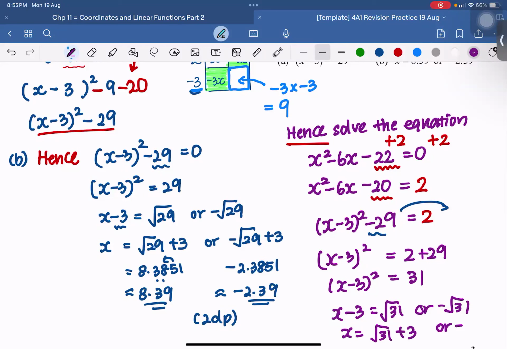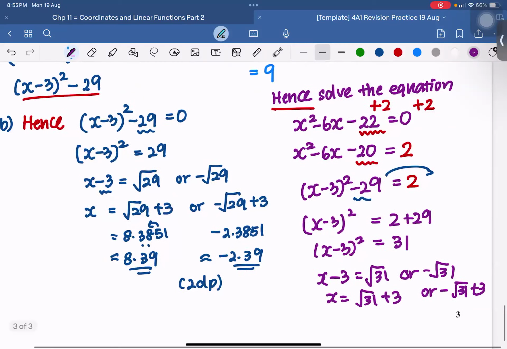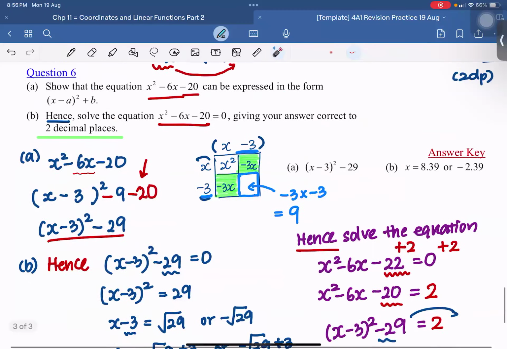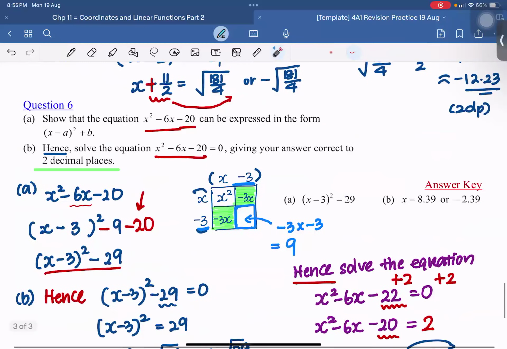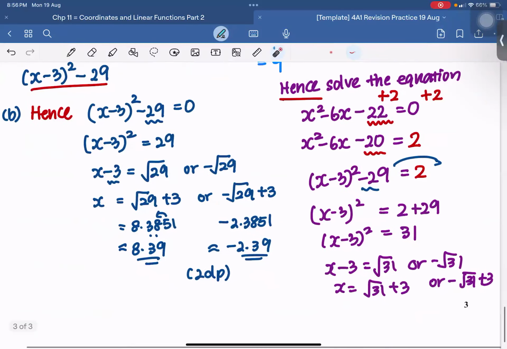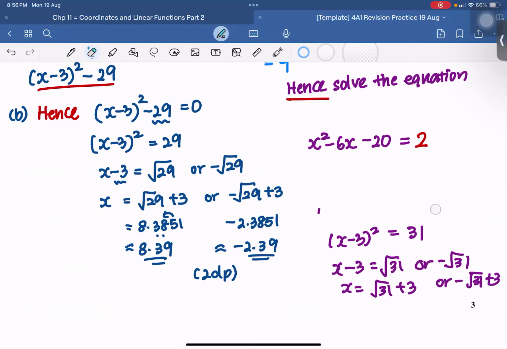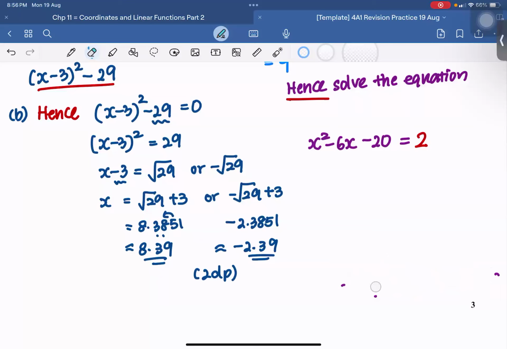I'm just sidetracking a little bit to give you more possibilities. Sometimes the question may be a little bit different, so you must always read and watch out for the numbers. Double check whether the numbers are the same or not. Or sometimes the question can be even more straightforward. They change the question directly like that. Instead of 0, they change the question to this.